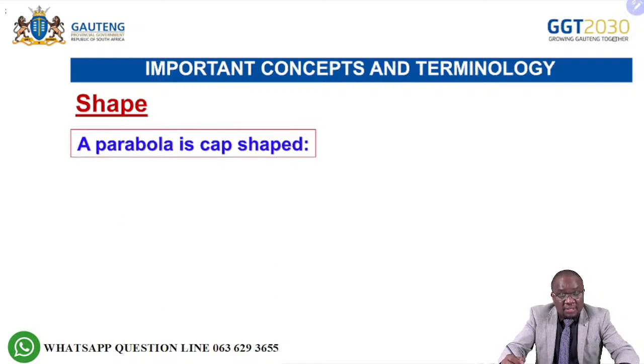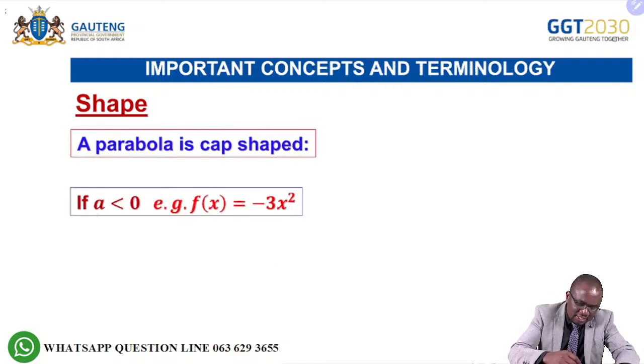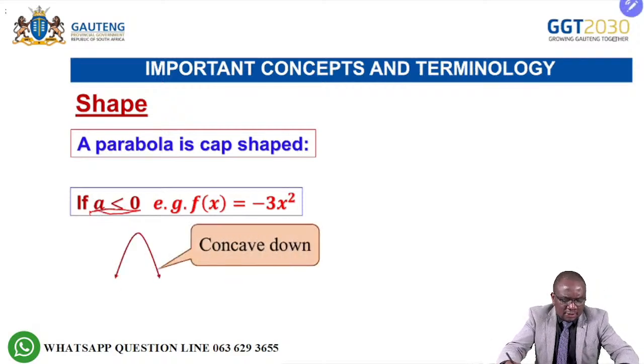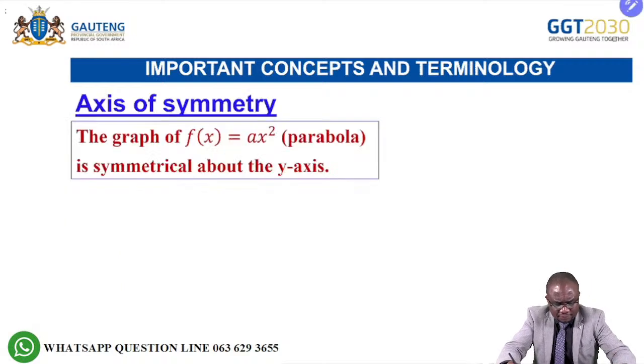And then when A is less than 0, means negative, remember that, the graph is concave down. It's a key feature which is very, very important. In sketching a graph, the shape is 1 mark. Drawing the correct shape there is a mark.